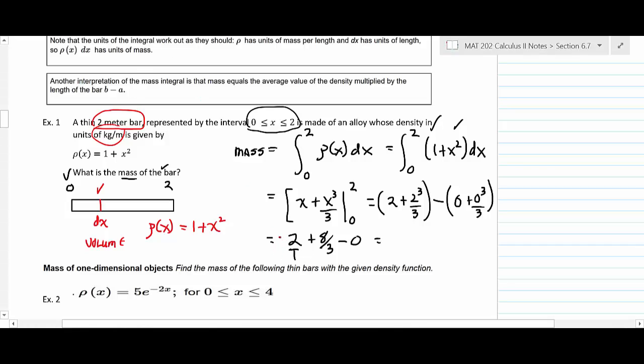So multiply by 3 over 3, that would give 6 thirds plus 8 thirds, so that would be 14 thirds. Now mass, what did we say the units for mass were? Grams. Now in this case it's kilograms because that's what the problem says. So the key thing is kilograms is what you have there. So we're going to say that's 14 thirds kilograms.